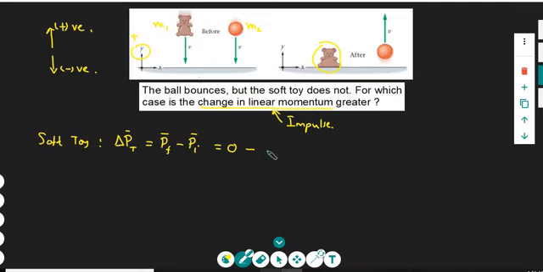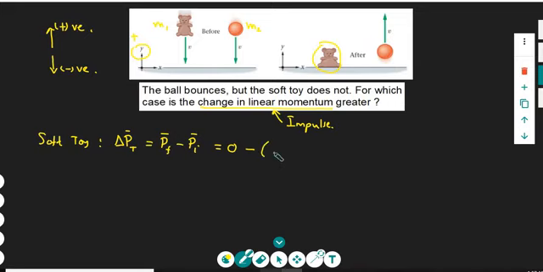So the linear momentum is m1v, but look at the direction, it's pointing downward. As a result, we need to multiply that quantity by a negative sign because it's moving in the opposite direction to the direction that we defined as positive, which is the upward direction.